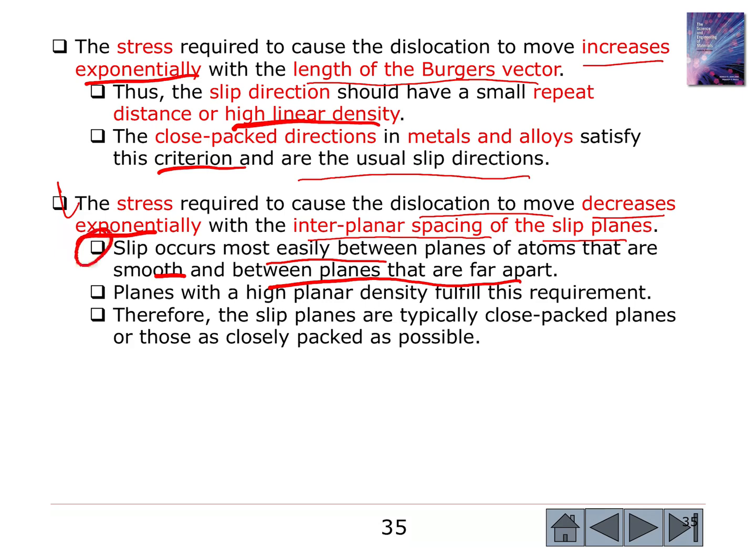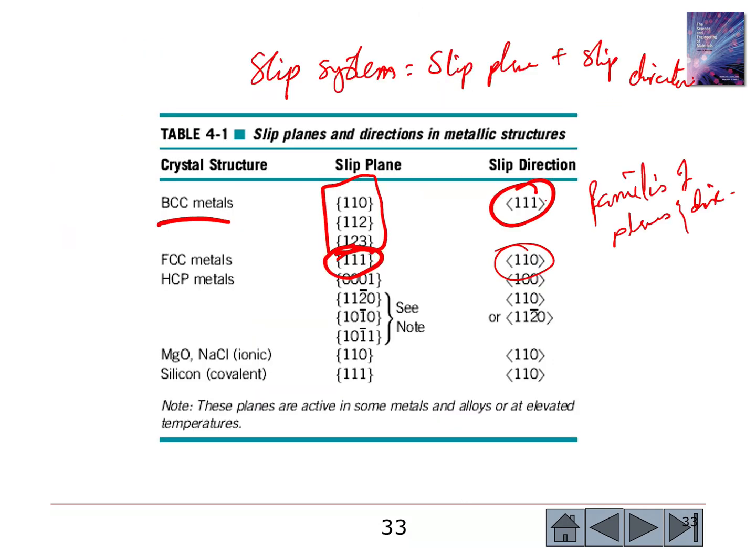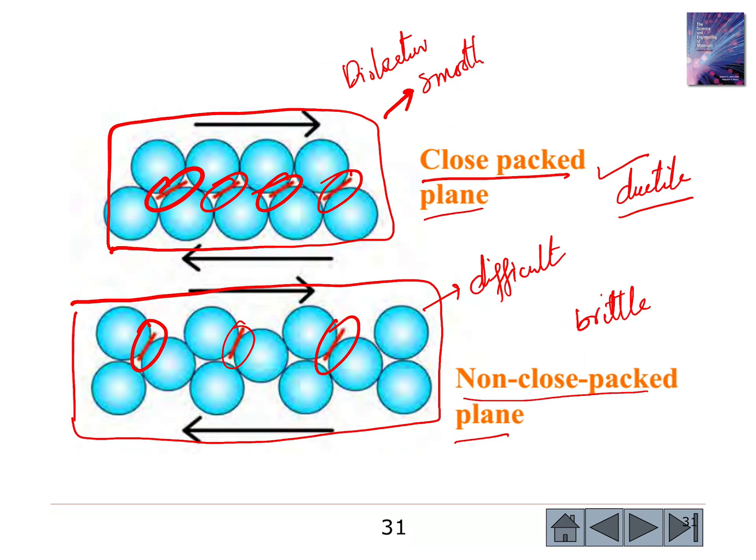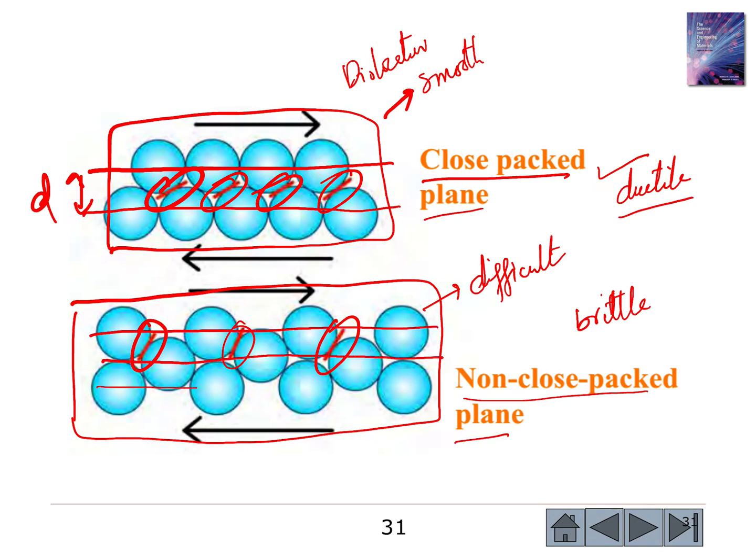Okay, so on this point, let me go back to this slide. If you look at these two figures, if I draw a plane at the center of these balls, the distance between these two planes is d, right? But if I draw a plane at the center of these, the distance here is d as well.